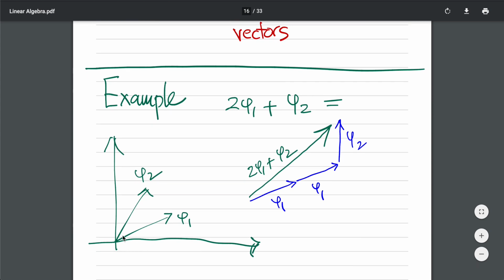This is phi1, phi2. So 2 phi1 plus phi2 is just, this is 1 phi1, then you add another phi1 here, and then from here to here you go to phi2, and you get 2 phi1 plus phi2, which is essentially what I'm doing here.